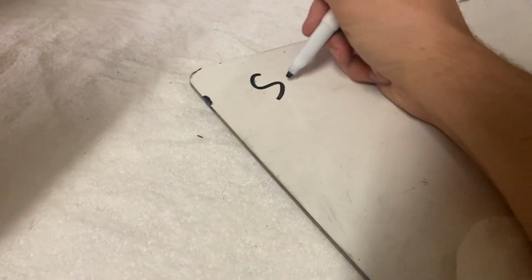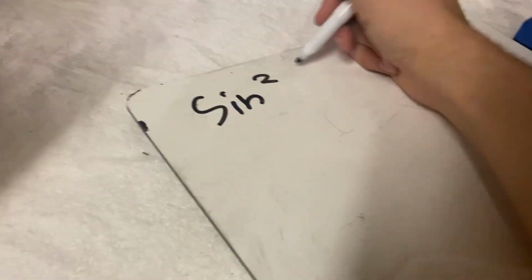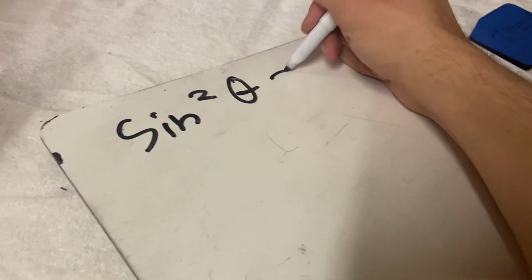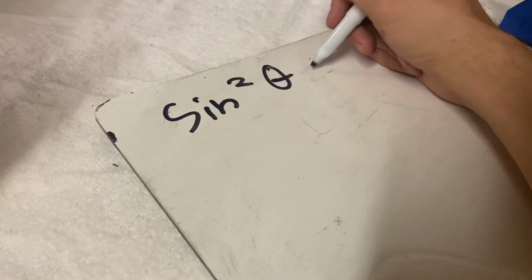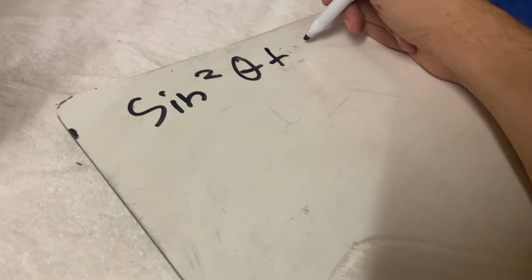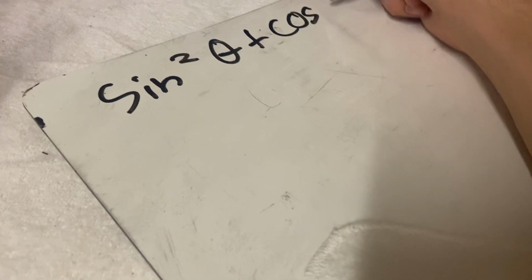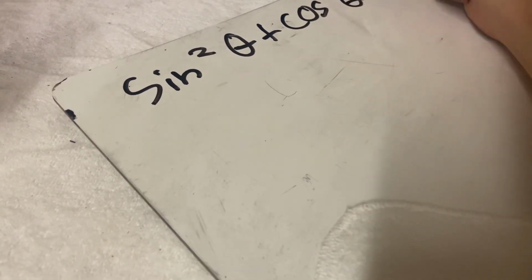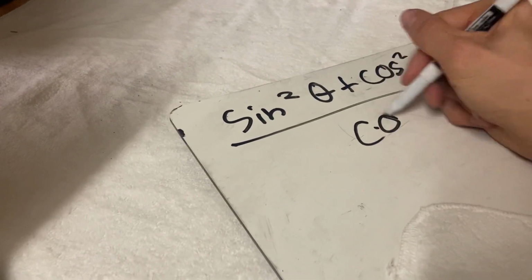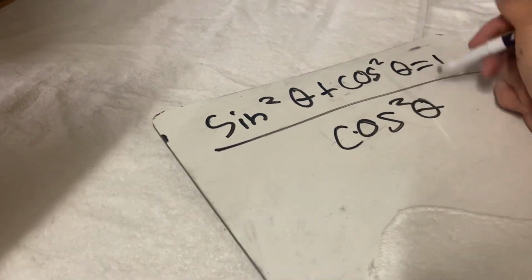Now let's say you have the same problem: sine squared theta plus cosine squared theta equals 1. Divide everything by cosine squared of theta.